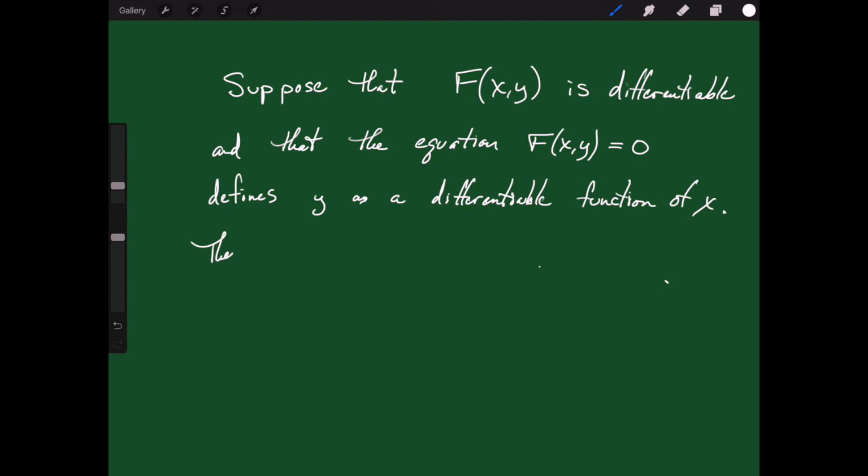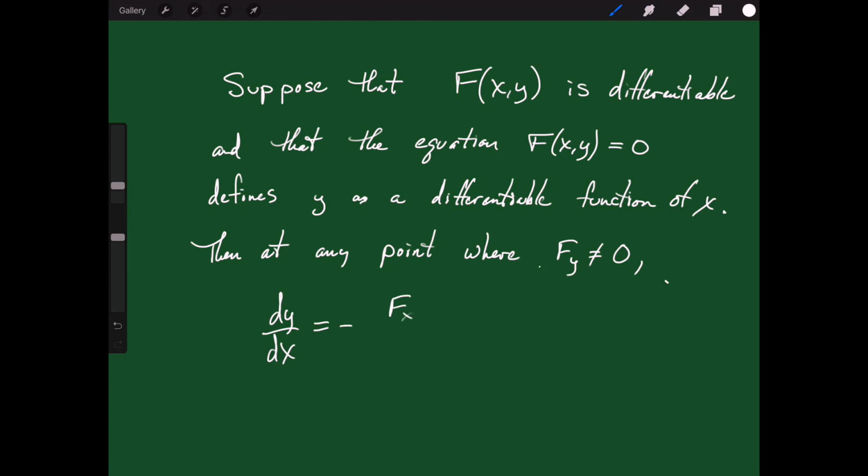Then, at any point where capital F sub y, or the partial with respect to y of capital F, is not 0, we get the following: that dy over dx is going to be equal to negative the partial of capital F sub x over capital F sub y.